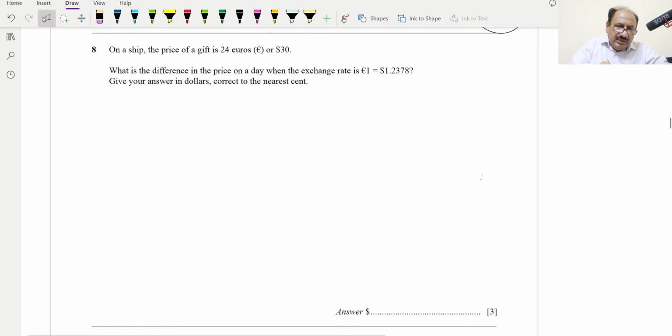Now question number 8 says on a ship the price of the gift is 24 euro or $30. What is the difference in price on a day when the exchange rate is provided? Give your answer in dollars correct to the nearest cent.